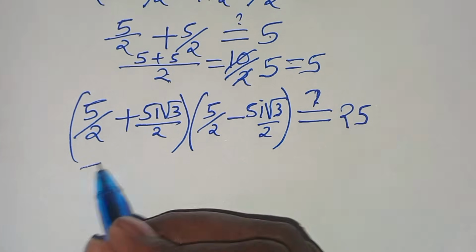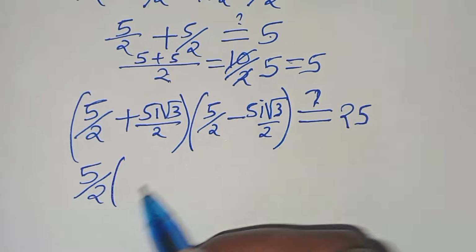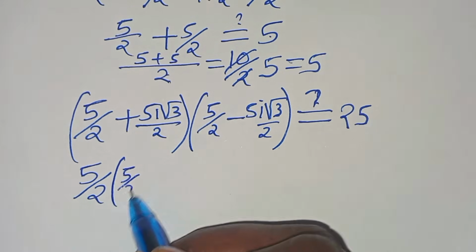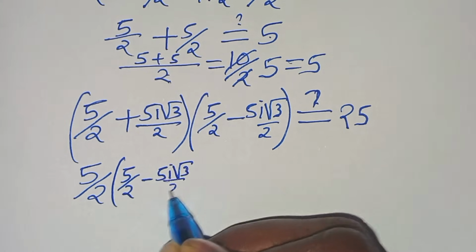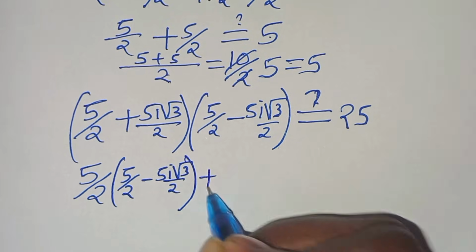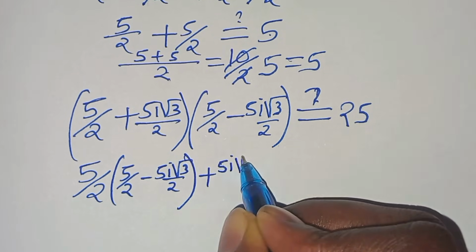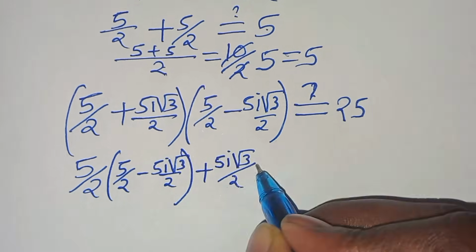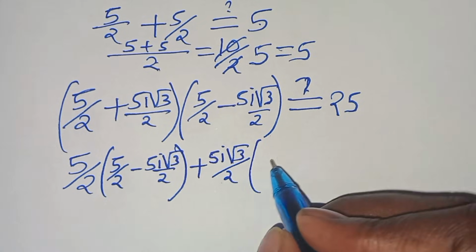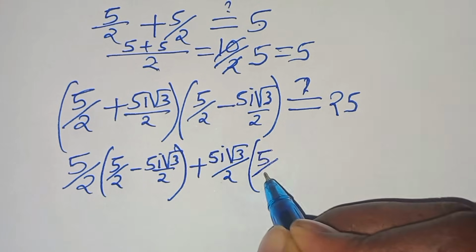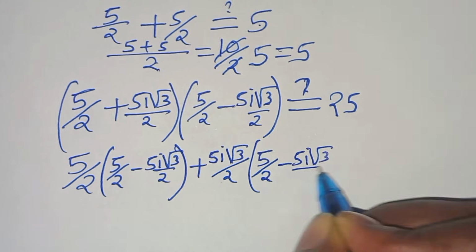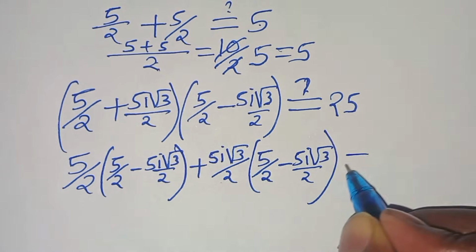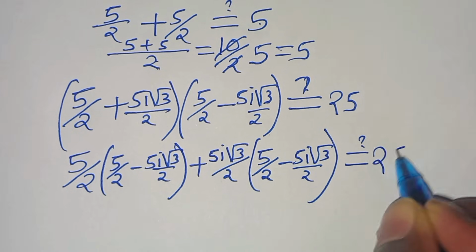Now we have 5 over 2 multiplied by 5 over 2 minus 5i square root of 3 over 2, then plus 5i square root of 3 over 2 multiplied by 5 over 2 minus 5i square root of 3 over 2. This is supposed to give us a value of 25.